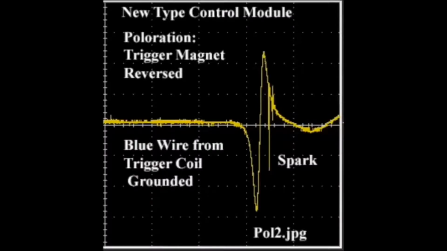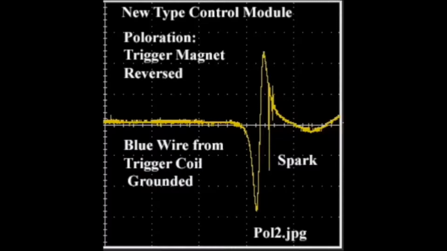The issue that I want to address in the appendix is the one where we got a shift in the ignition timing when we reverse the polarity of the trigger coil. So in all of the previous pictures, I had the positive pulse arriving first, then followed by the negative pulse.